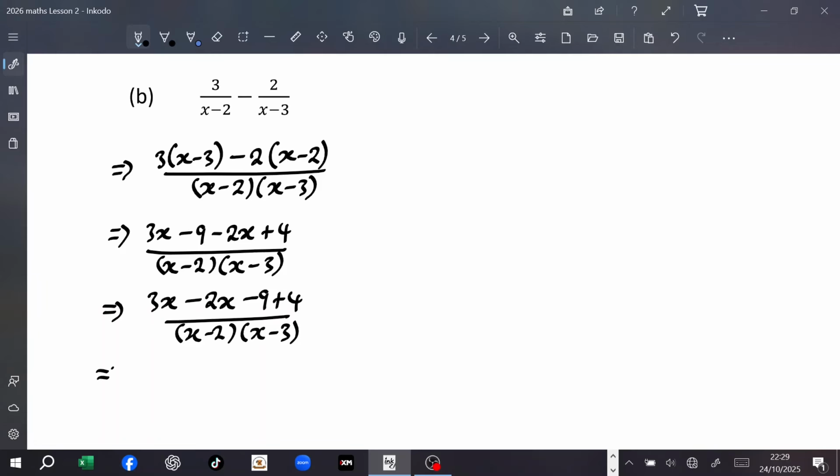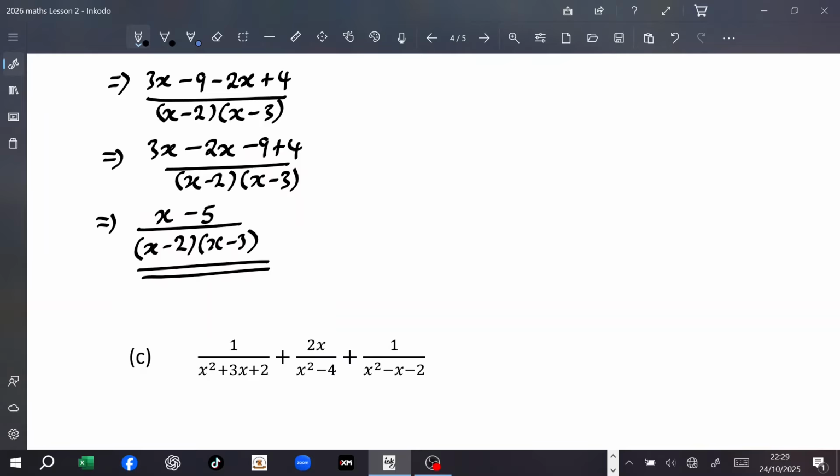Then 3x minus 2x, you remain with x. Then in negative 9 plus 4, you get negative 5. Then you remain with over x minus 2, then x minus 3. That will be our final answer. So we have simplified and made it as a single fraction.